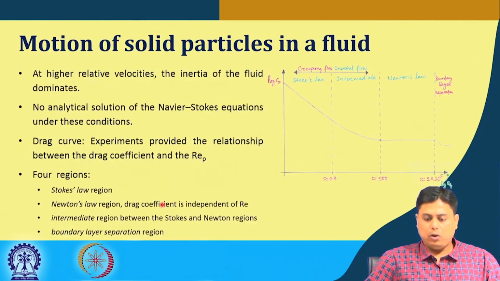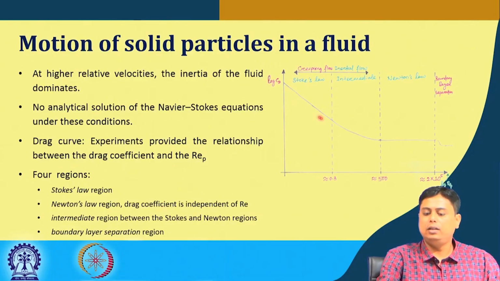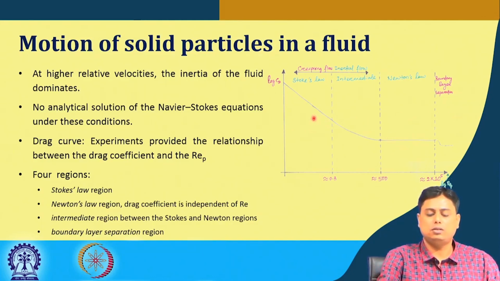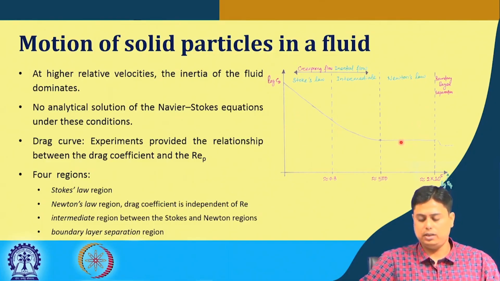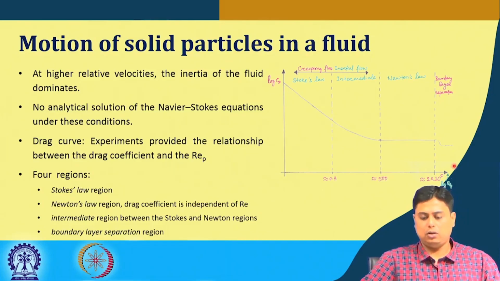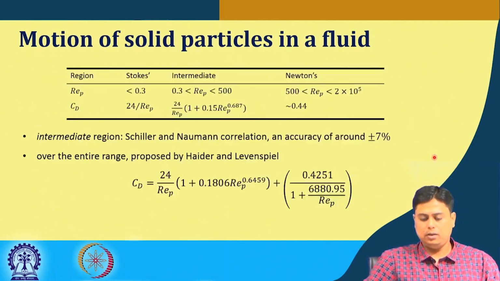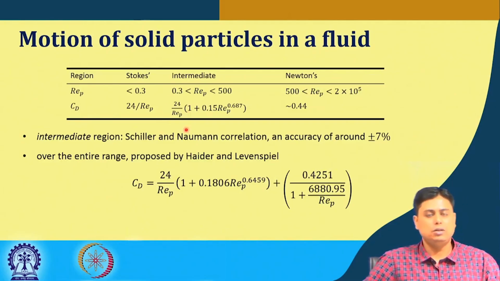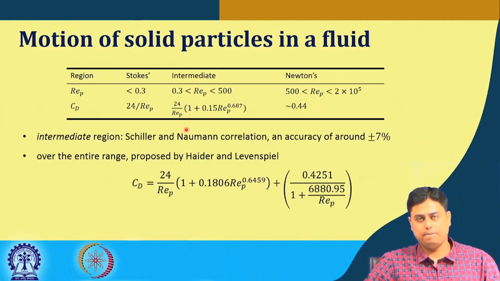So, I hope it is now clear that in these 4 regions, Stokes region, intermediate, Newton's region and boundary layer separation, we have a clear idea about the Stokes law and Newton's law regions, what the CD value is, and in the intermediate region, how the relations between the CD and REP work. Okay.